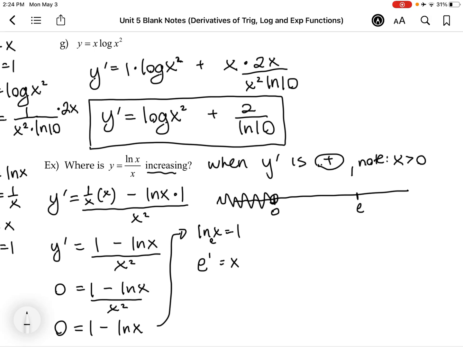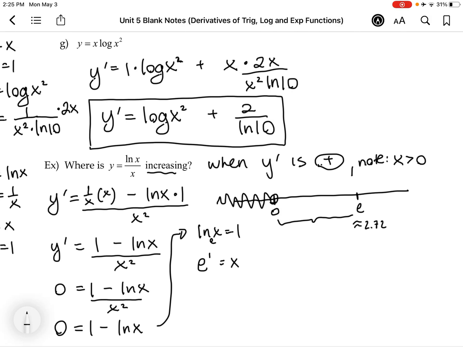And we basically need to think about, is the derivative positive or negative in these two regions? We've got one region from 0 to e and another region from e to infinity, right? We want to know the sign of the derivative. Now, knowing that the derivative has an x squared in the denominator, I really only care about the sign of 1 minus ln x because x squared will always be positive. So from here, I may test in this region. e, remember, is about 2.72.